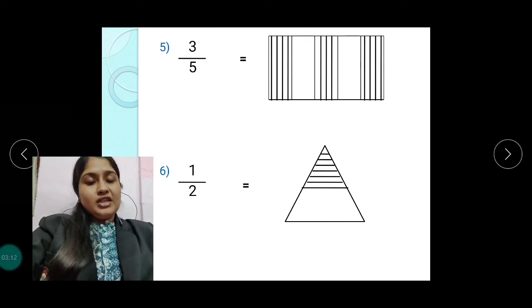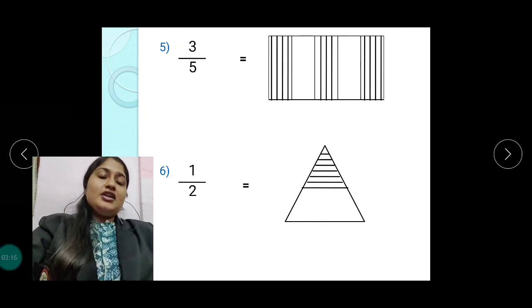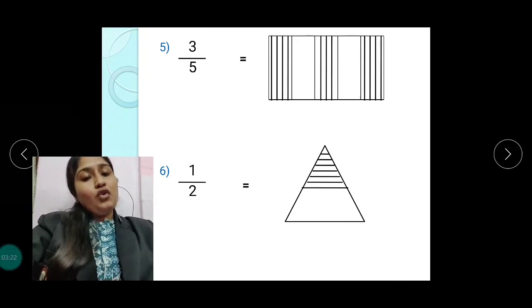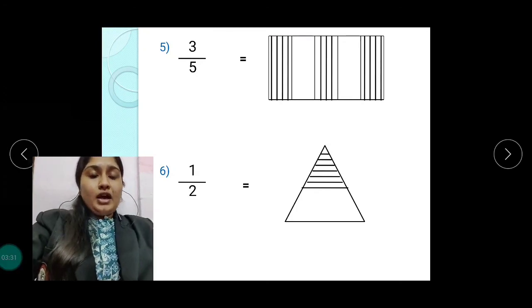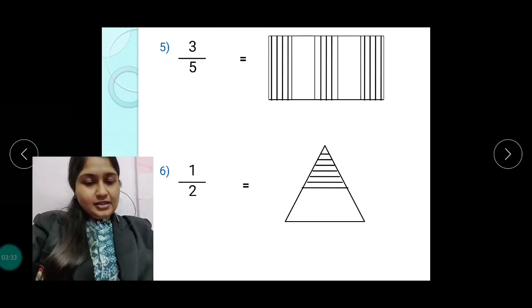Exercise 2 is also the same, and that is your homework. Exercise 3 and 4 are shade the fraction, in which today we have done exercise 3 and exercise 4 is your homework, right? So my dear students, in our fraction chapter, in all we have 4 exercises.